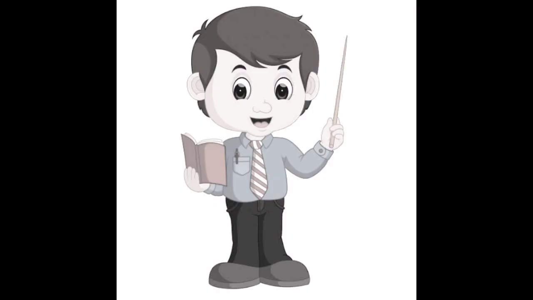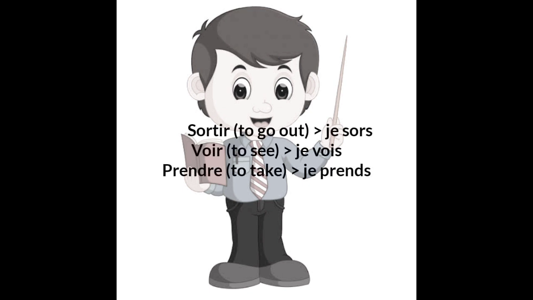Also, verbs from the third group belong to the second category, such as sortir, to go out. We say je sors. Voir, to see.